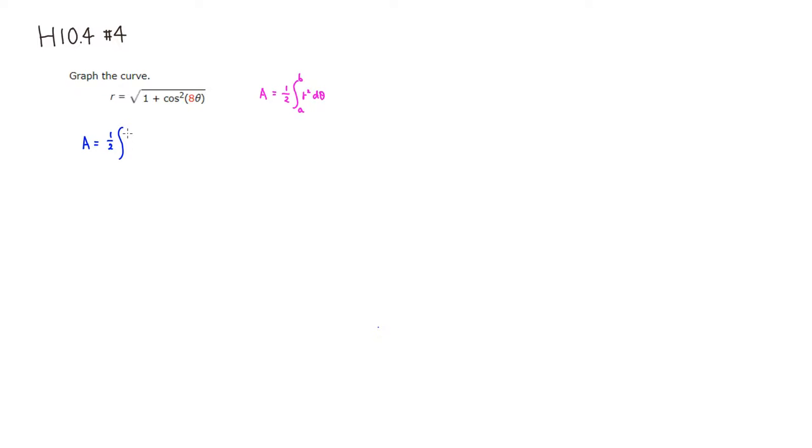You have to go all the way around, so I would go from 0 to 2 pi. If you square r, the square root is gone, so you just get 1 plus cosine squared of 8 theta. And I'm going to use the square bracket with respect to theta.